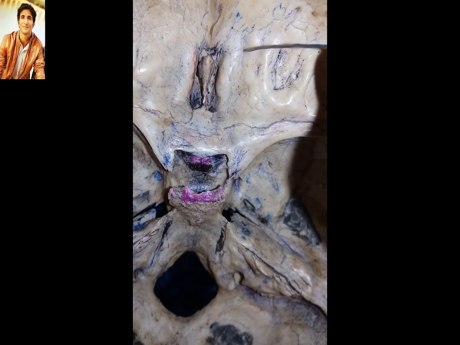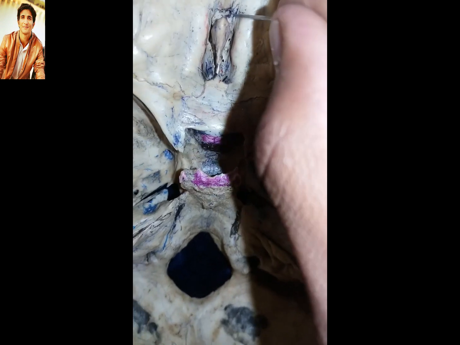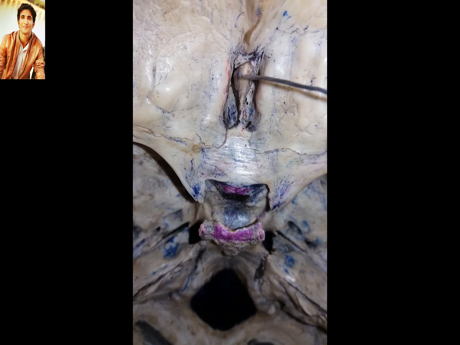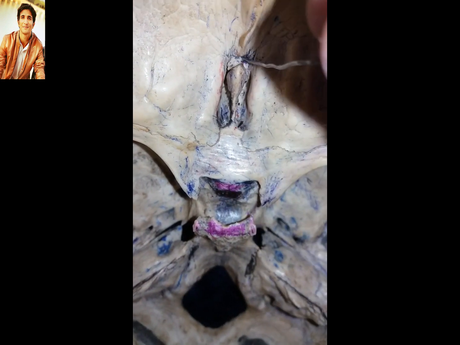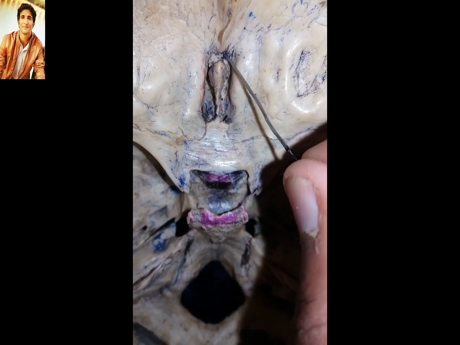there is a foramen which is named the foramen cecum. This is the foramen cecum.